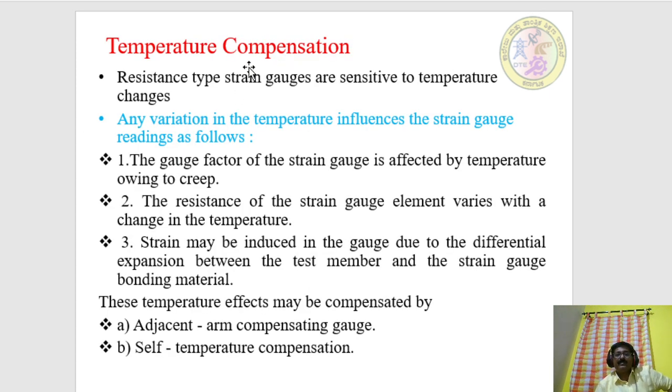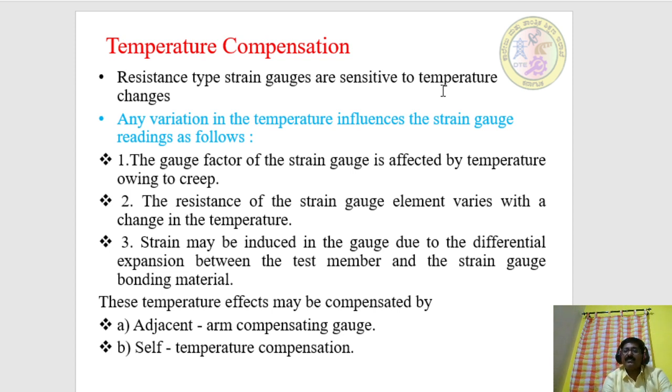So now we look into temperature compensation of strain gauges. Resistance type strain gauges are sensitive to temperature changes. Any variation in temperature influences the strain gauge readings. Some observations made regarding temperature influence: First, the gauge factor of the strain gauge is affected by temperature owing to creep.